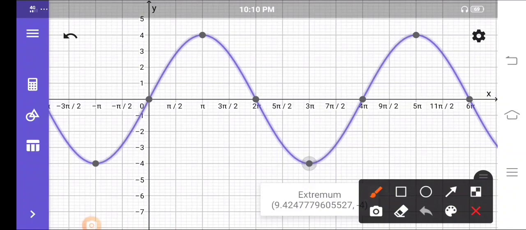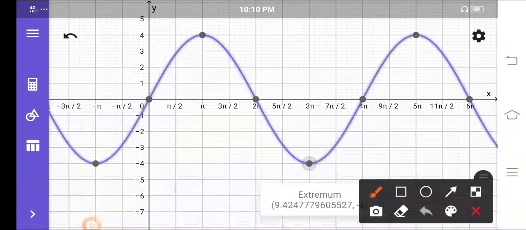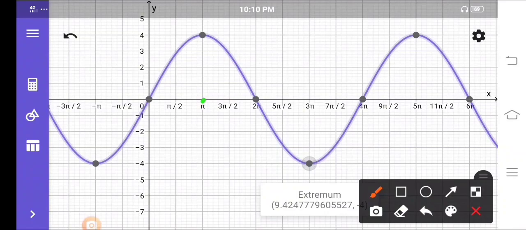So 4 pi is 720 degrees. 720 divided by 4 is 180 degrees, or pi.